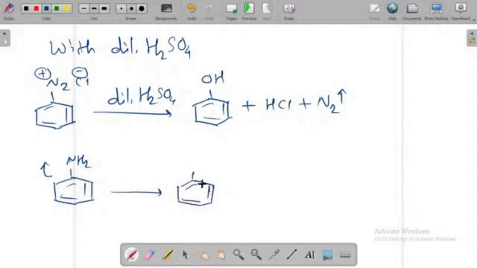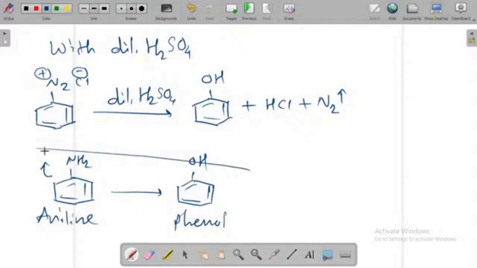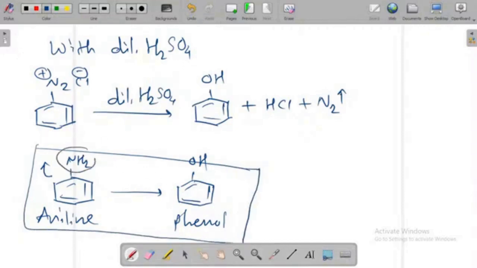So the conversion of aniline to phenol is the ultimate reaction, understand. This is quite like a nucleophilic substitution, but these aromatic compounds do not show nucleophilic substitution.